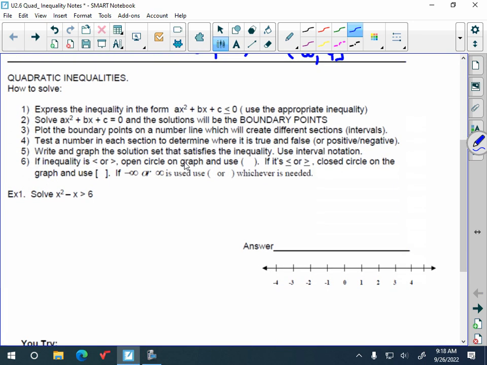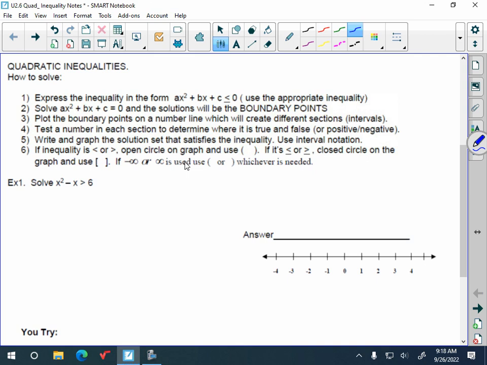All right, so quadratic inequalities are real similar. We have to make sure we have our quadratic in standard form. We need 0 on one side. We're going to solve these by factoring. If it's not already factored, typically they set these up so they can factor. So we factor them, and then from the factors, we can give the solutions.